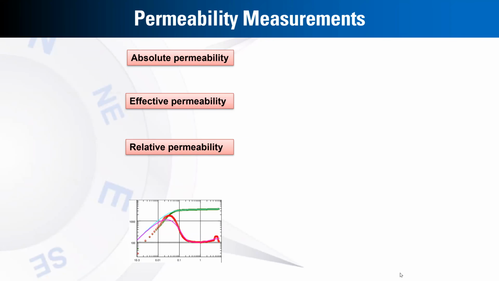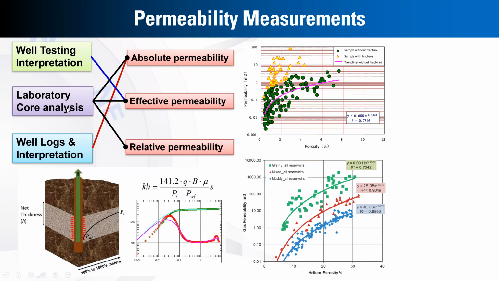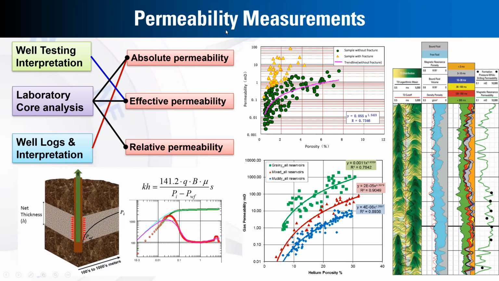So for the permeability measurements, as mentioned, we have three definitions. And we have some sources of permeability, as you can see. Well testing interpretation can be used to identify the average effective permeability of the reservoir. Well logging interpretation can be used to calculate the absolute permeability using NMR logging measurements.